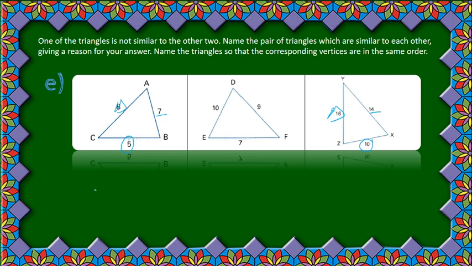So triangle ABC is similar to, now these triangles are actually rotated so that their proportional sides are at the same side. So here we can easily see that if I said A, B, C, then I can go Y, X, Z. So triangle YXZ. My reason: corresponding sides in proportion.